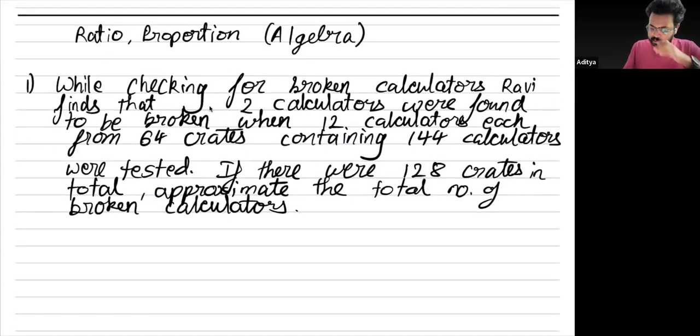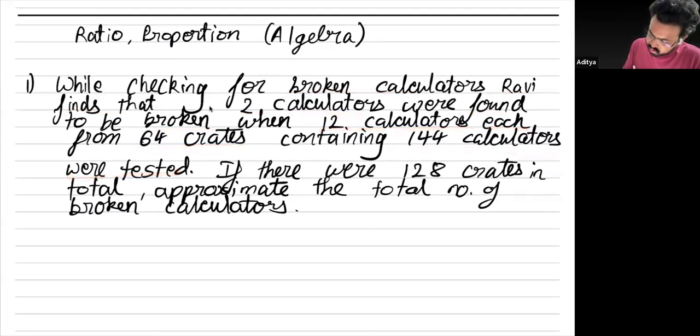Okay, the question might seem quite lengthy, but you need to pick out the key information from each statement. While checking for broken calculators, Ravi finds that there are two calculators that are found to be broken when 12 calculators, each from 64 crates containing 144 calculators, were tested.